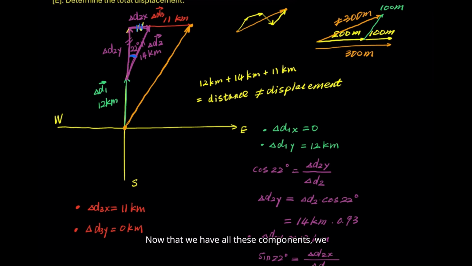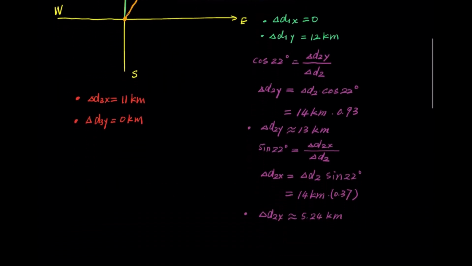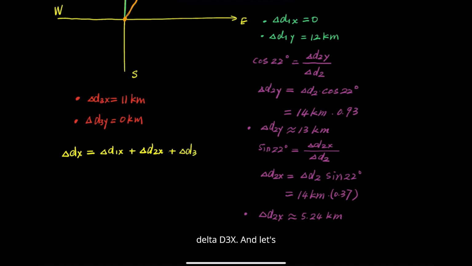Now that we have all these components, we can add them up. Since all the x components are pointing along the same axis, we can simply add their values together. The total x component, delta dx, is the sum of all the individual x components. So it equals delta d1x plus delta d2x plus delta d3x.